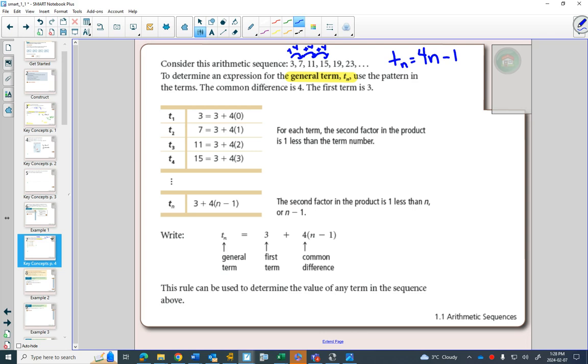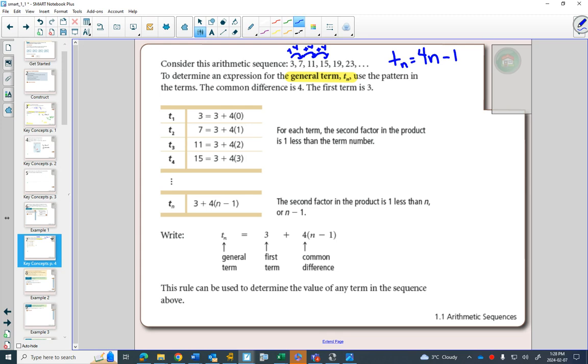So the idea is you could always start from term 1 and add 4 a certain number of times to get to the term you want. Term n would be 3, the starting place, and then you'd have to add 4 n minus 1 times. Always 1 less than the term you found. Now, if you distribute this 4, you get 4n minus 4, and combine your like terms, you get the same thing we got in our shortcut, right?